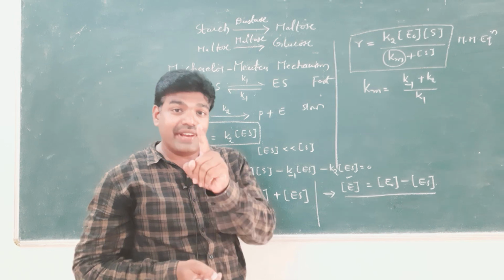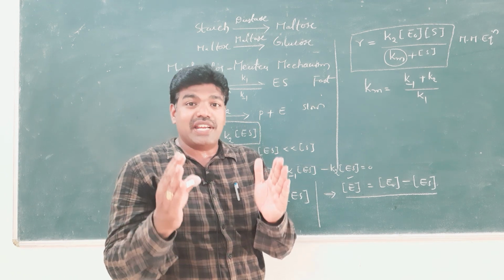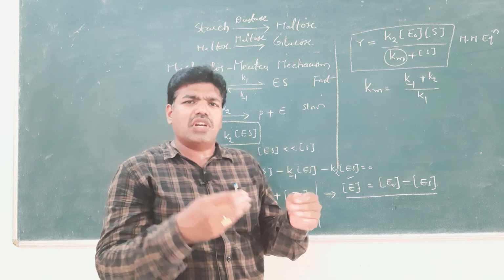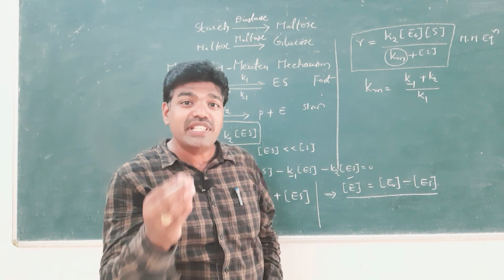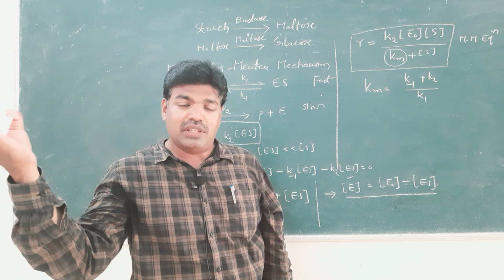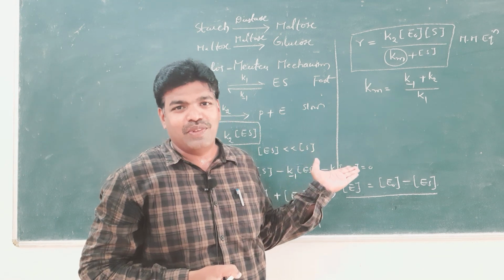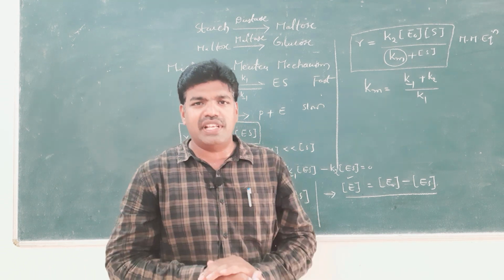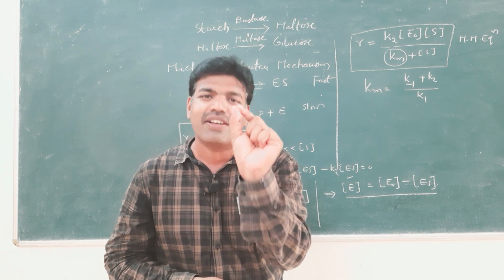For example, when all the enzyme is exhausted, that means the rate of reaction is maximum, because in homogeneous catalysis the rate is directly proportional to the concentration of catalyst.